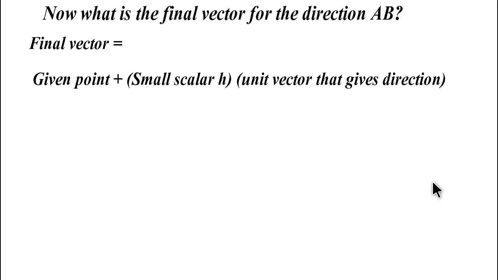Now, what is the final vector and initial vector in the direction of AB? We know that the final vector is the given point plus a small scalar times the unit vector that gives us a direction. Therefore, the final vector is of the type (a, b), that is the given point, plus h, that is the small scalar, times (cos theta, sin theta), that is the unit vector that gives us the direction of AB.